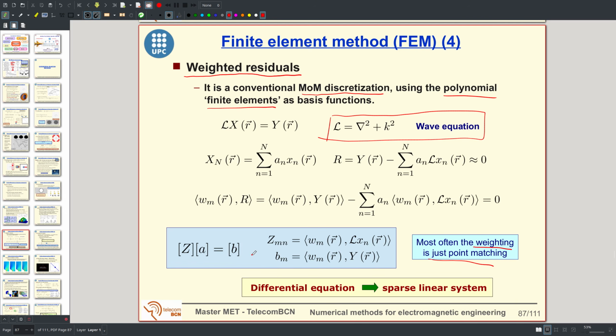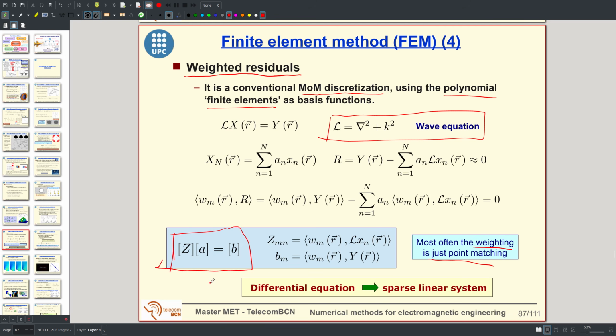So in this case, there is nothing new for you. You already know method of moments, so you just take the finite elements as the method of moments basis functions, use point matching, that is delta testing functions, or just sampling the residual and setting it to 0 at the position of the samples, and you get the linear system matrix.